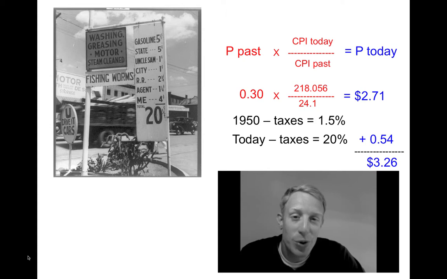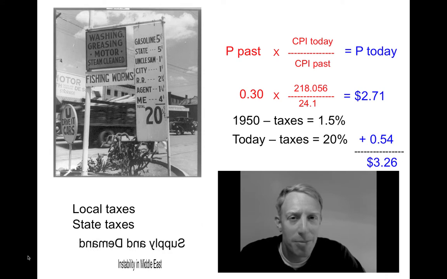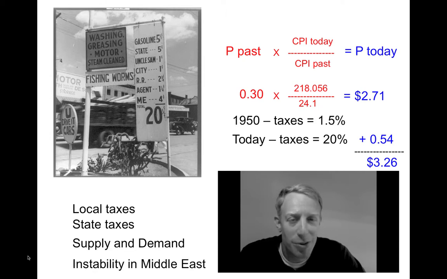Well, you also have to incorporate into this your local taxes, your state taxes, and the fact that supply and demand conditions have changed. Add on to that the instability in the Middle East, and you may begin to ask yourselves, why isn't gas a lot more expensive than it really is? A lot of the difference in gas prices from 1950 to today have to do with political events.